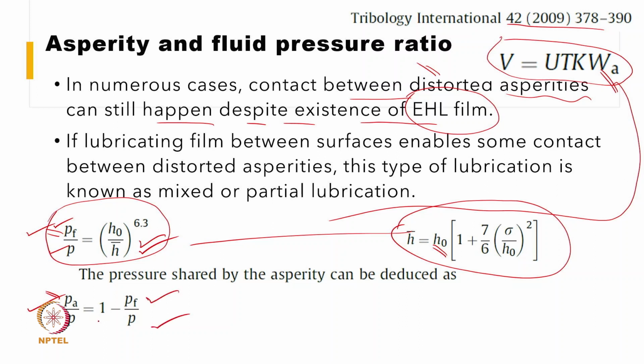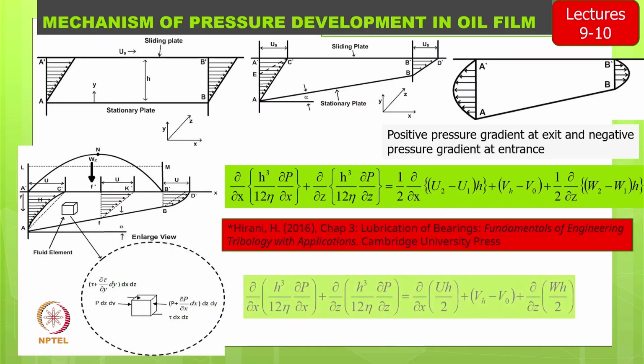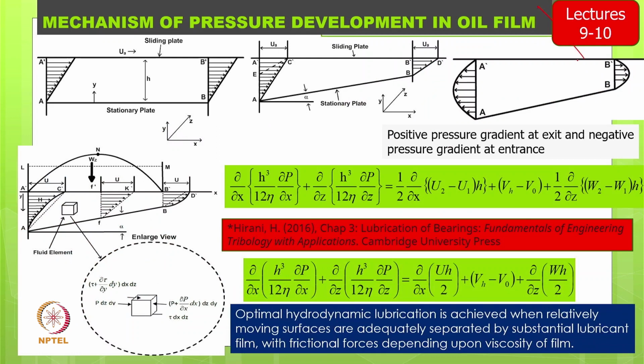And here we are just simply saying 1 minus Pf divided by P. So the asperity load can be derived because we have already learned how to find the Pf or pressure calculation. As I mentioned, this was covered in lectures 9 and 10. We need to go ahead with the Reynolds equation, solve the Reynolds equation, and of course along with that we need the elasticity equation, which can be used for the EHL case.